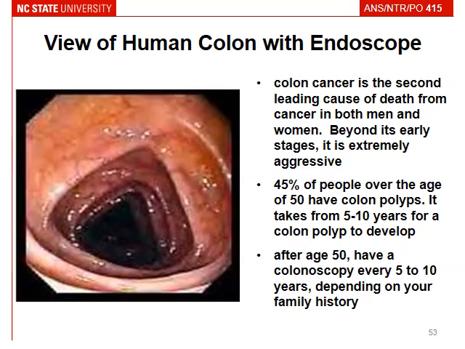So if you regularly go and get a colonoscopy, you can discover any of these polyps and prevent them from developing into cancer.